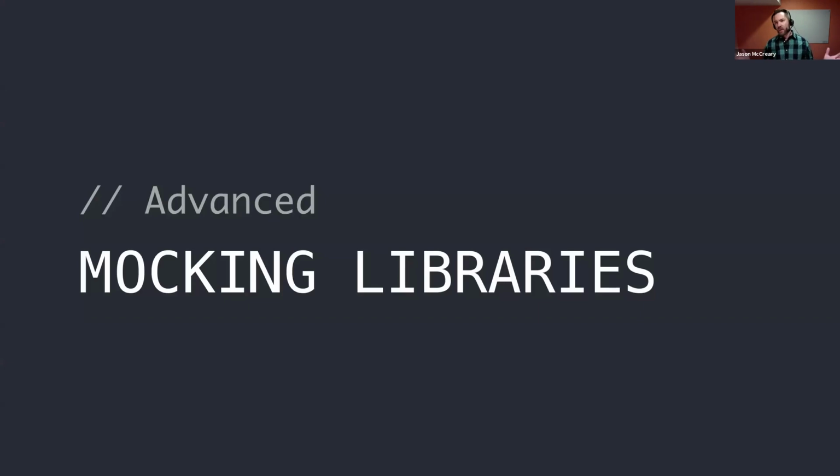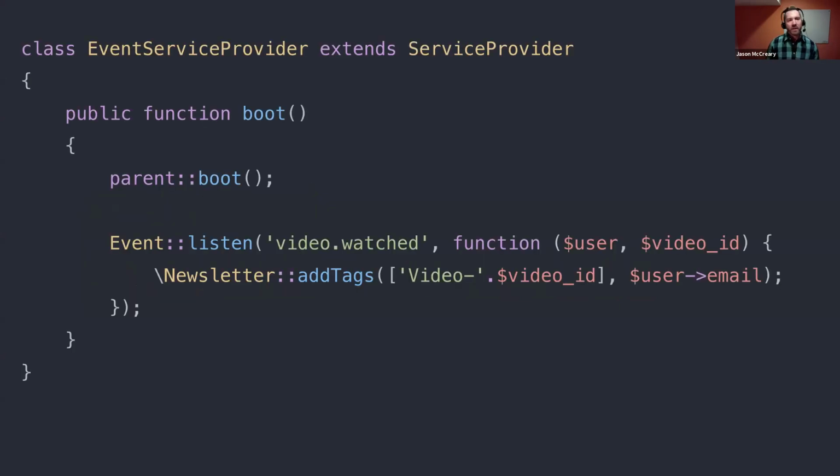So we know we can mock Laravel's stuff as we saw here, but what about when we want to mock libraries, especially some of the common libraries that we use in our Laravel application? Let's take a look at the other side of that event. We fired the event, but let's look at the listener, which is just a closure within this application.